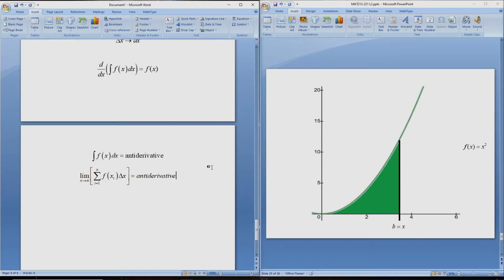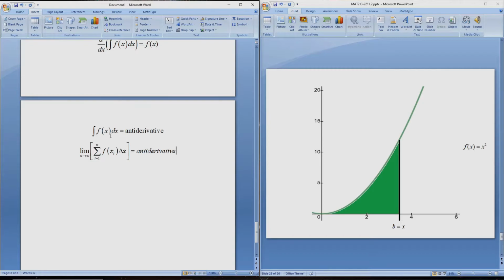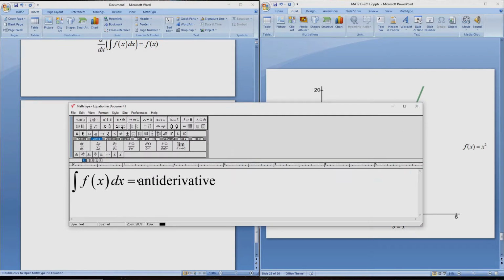And the antiderivative is just doing the derivative backwards. Let me give an example of that. Let's say that this is simply x cubed in here.